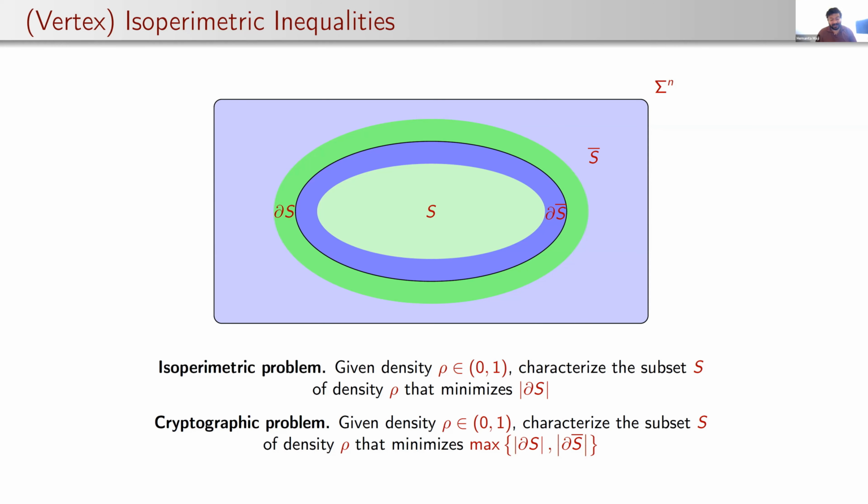Interestingly, the optimal sets that achieve these perimeters are not the sets that you would typically come up with. You can imagine Hamming balls. They realize the optimal constructions for when sigma is a small alphabet like binary.